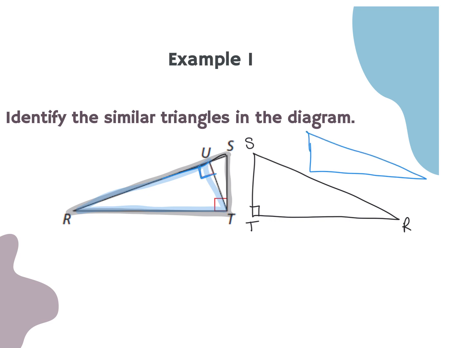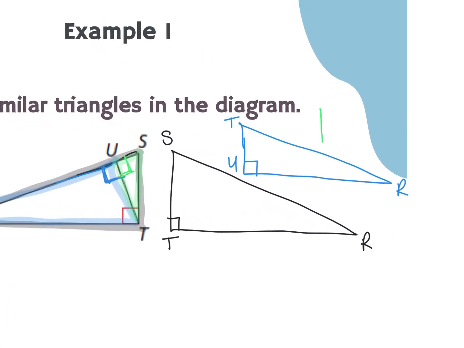Here's the right angle for my medium triangle, and I have TUR. And then my smallest triangle right here in green. Here is the right angle for it, and this is going to be SUT.